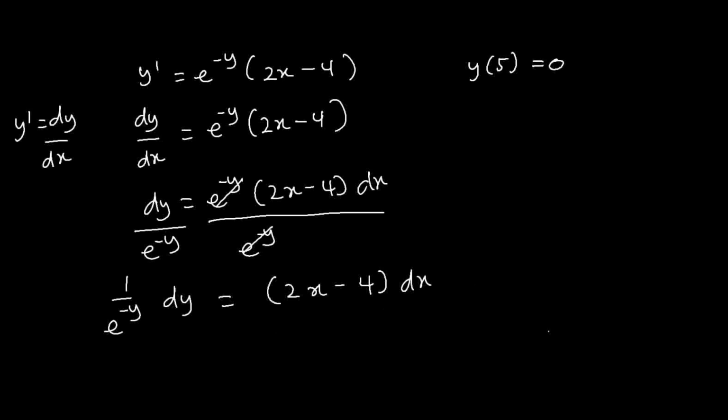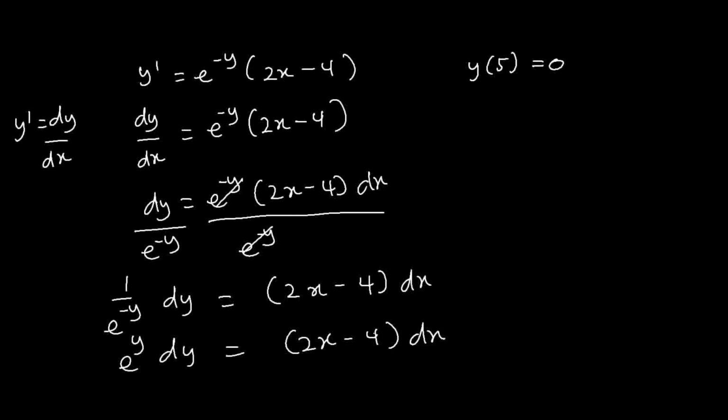So I can write this as e to the power y dy equal to 2x minus 4 dx.